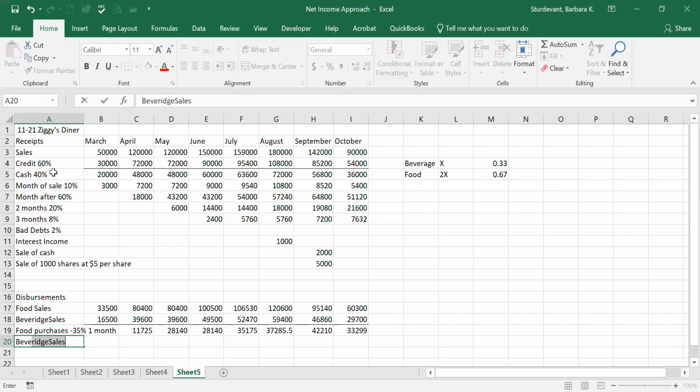Beverage purchases. Let's see what they say about those. So beverage, the percentage is 25%, and it's paid 1 month in advance.